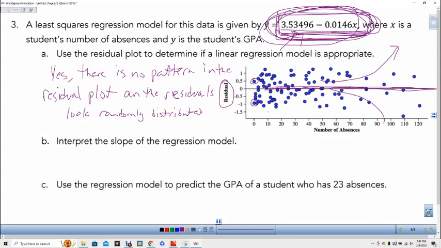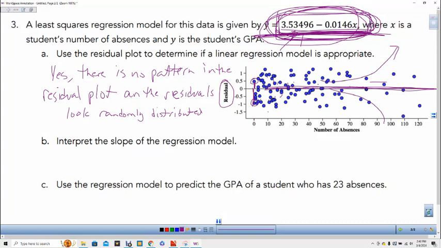If we graph that line, there's going to be one point that's that far above it and another one that's that far below it. And that's all this graph is, it's telling how far above and how far below each one of those points is away from the linear expression of that equation.